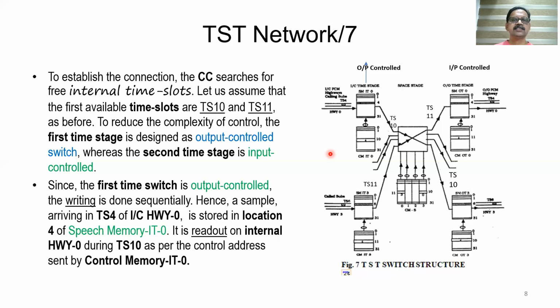Here in our TST network, we design the network in such a way that the incoming time switch is of output control, whereas the outgoing time stage is of input control. The control is based on the inputs, that is, on writing here in the output side. In the input side, the control is exercised on reading. Writing is in sequential order. Let us go through the contents.